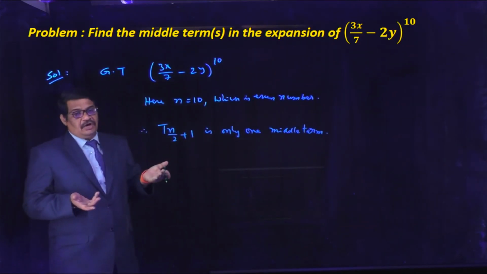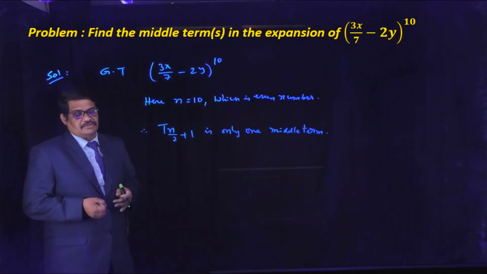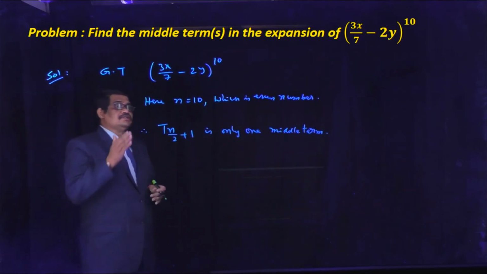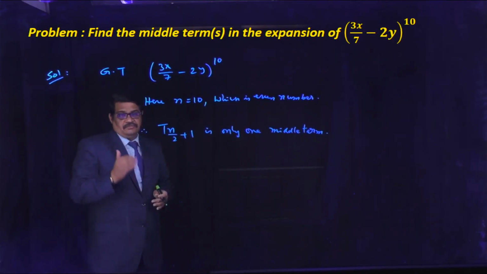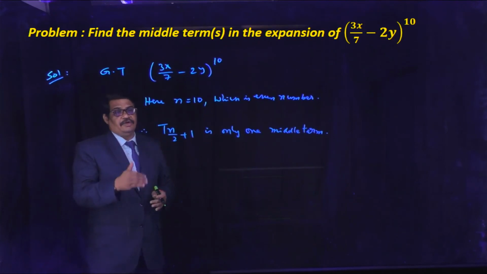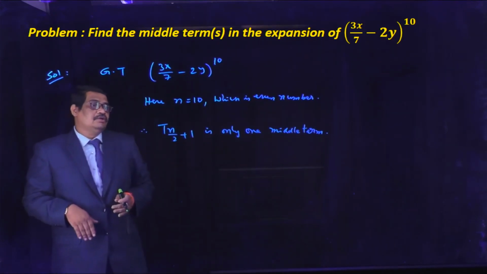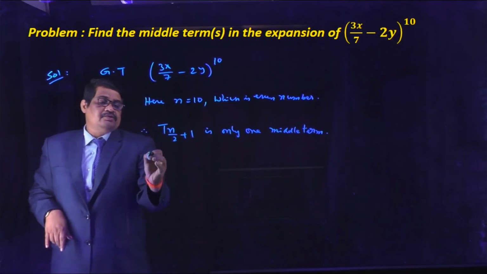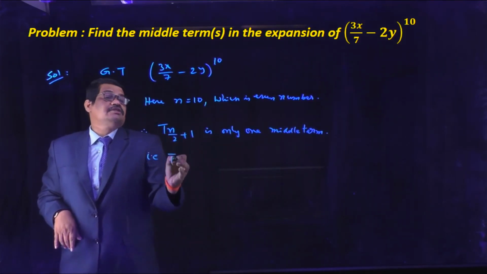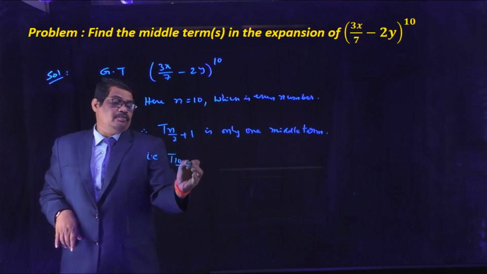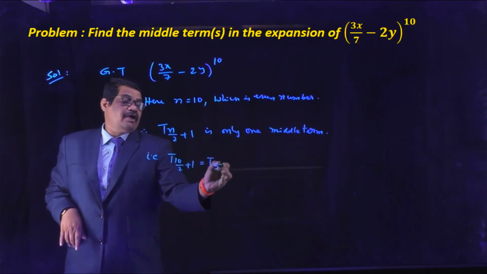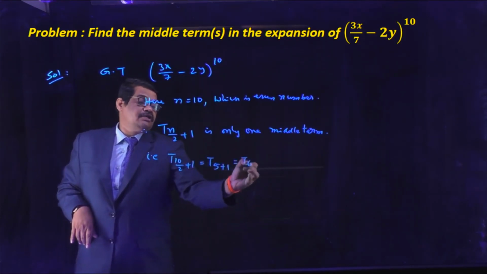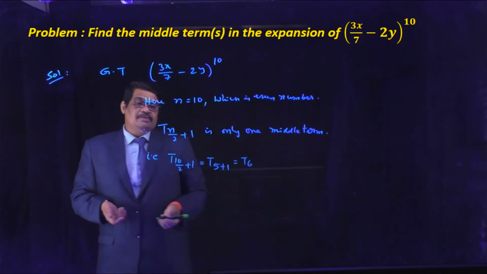If n is odd, then we get two middle terms. Here n is 10, which is even. Therefore the middle term is T(n/2 + 1), that is T(10/2 + 1), that is T(5 + 1), that is T6. The sixth term is the middle term.